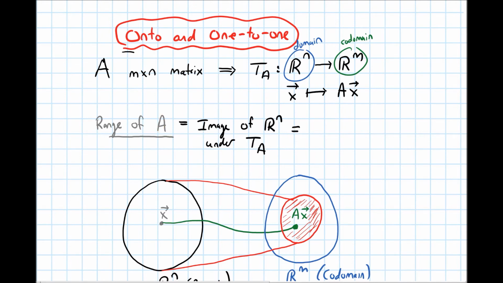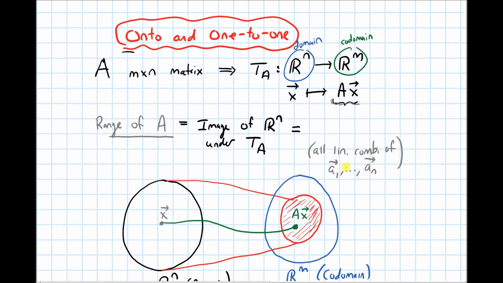Okay, so what I want to know is what every single output could be. So the outputs look like this, A times x. But we know that A times x is always going to be a linear combination of the columns of A. So we want to know all linear combinations of A1, dot, dot, dot, up until An, because that's what the outputs are.